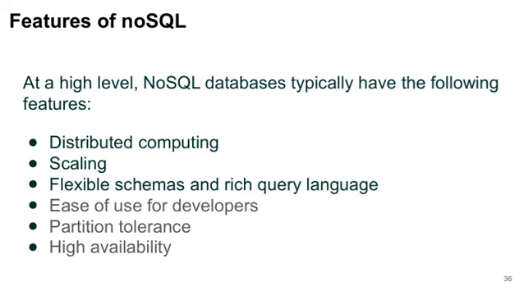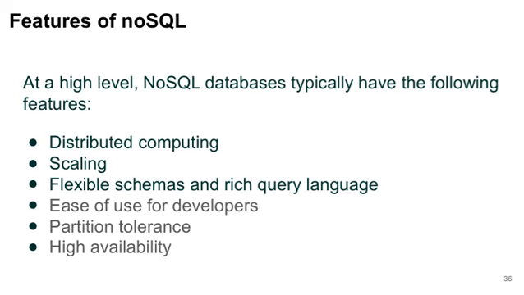So, at a high level, NoSQL databases typically have several key features that make them stand out. First, they are built for distributed computing, which means they can run across multiple servers or locations, helping with scalability and fault tolerance. Speaking of scalability, NoSQL systems are designed to scale easily, both vertically and horizontally, allowing them to handle growing amounts of data without a hitch.